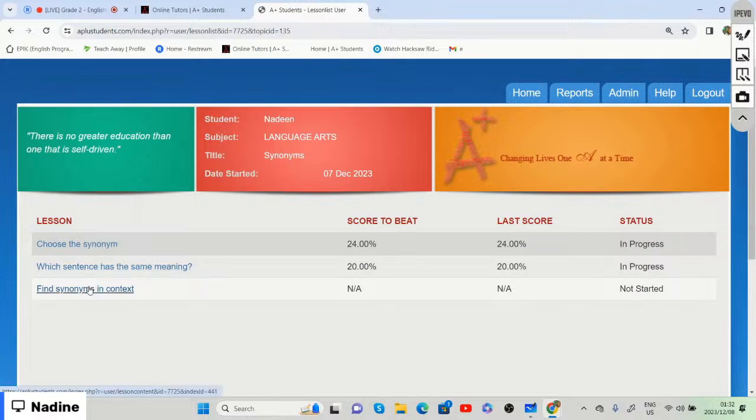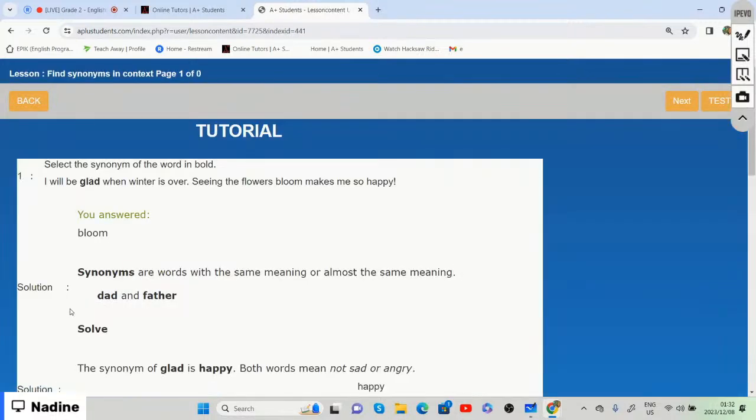All right, so now we're going to find the synonyms in context, right? And remember, we said synonyms are words with either the same meaning or almost the same meaning. We made examples of dad and father, mom and mother, jump and hop, shut and close, right?